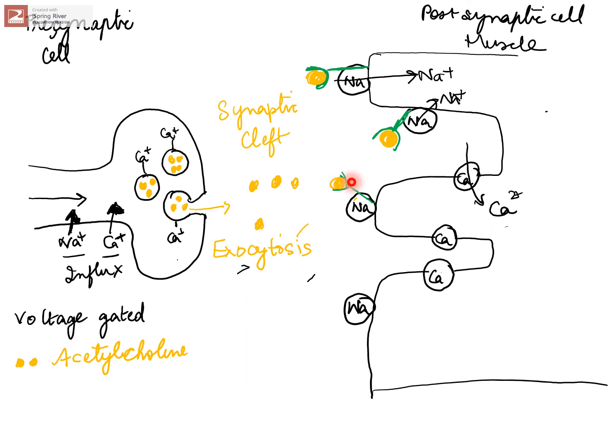These acetylcholine receptors sit snugly with sodium channels. So when acetylcholine binds to the receptor, they activate the sodium channel, which causes an influx of sodium ions into the muscle cell. This influx of sodium ions causes an activation of voltage-gated calcium channels.